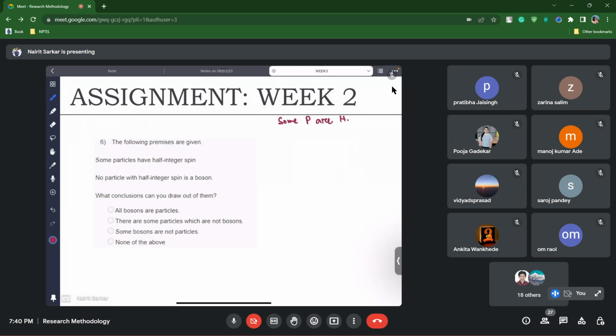Then no particle with half integer spin is a boson. If we have only two premises and not the conclusion, we can find the appropriate conclusion from the Venn. Okay, use this. Let's see.